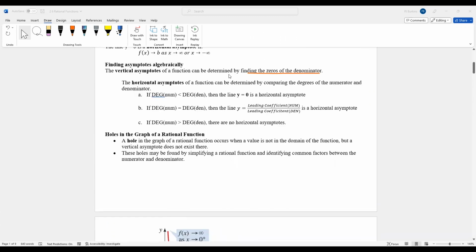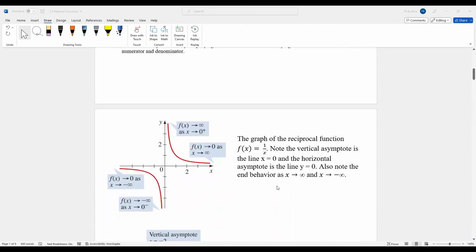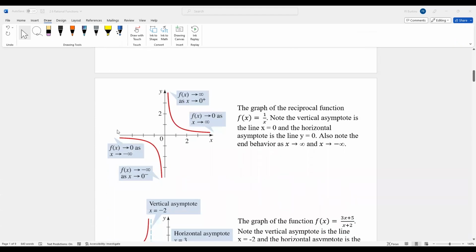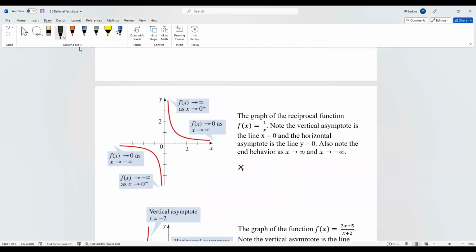Vertical asymptotes of the function occur by finding the zeros of the denominator. So I would set the denominator, which is just x in this case, equal to 0, and I would solve. Well, there's not much solving to do there, right? I just get x equals 0. And x equals 0 is the same thing as the y-axis. So the y-axis is a vertical asymptote.